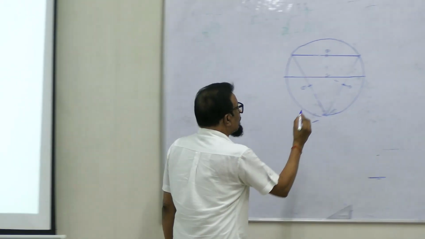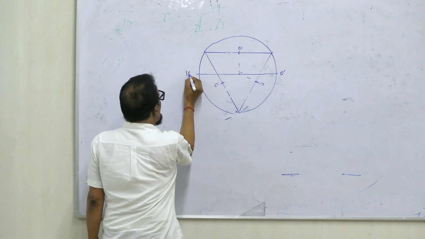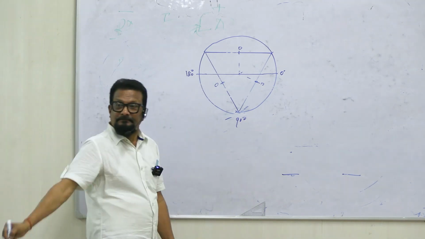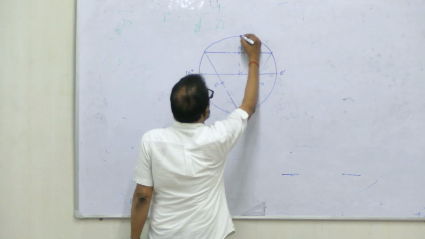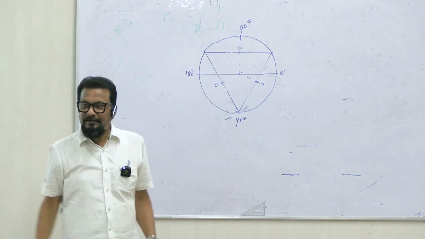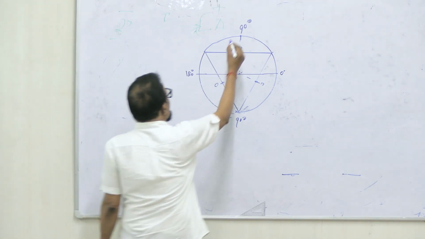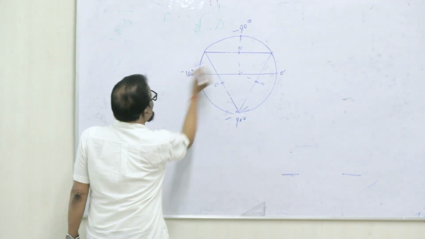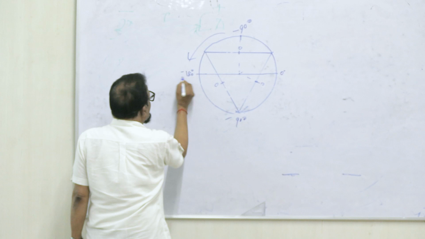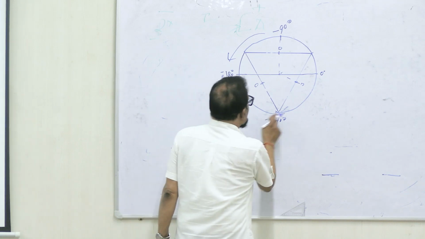So this is 0 degree and this is 180 degree, and definitely this will be 90 degree. As I said, the upper portion is negative and the lower portion is positive. So it is minus 90 degree. This way it is minus 180 degree, and if I look this way, it is plus 180 degree.